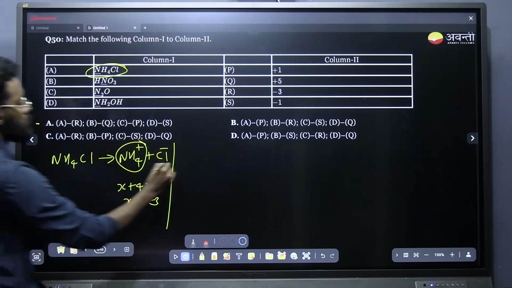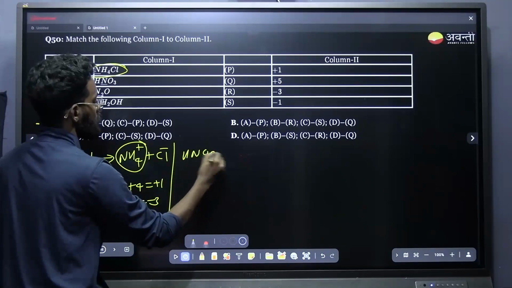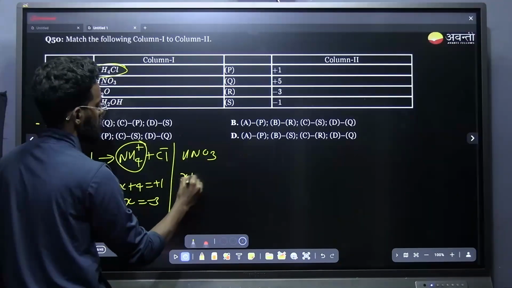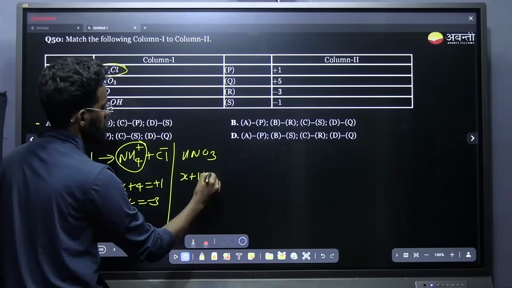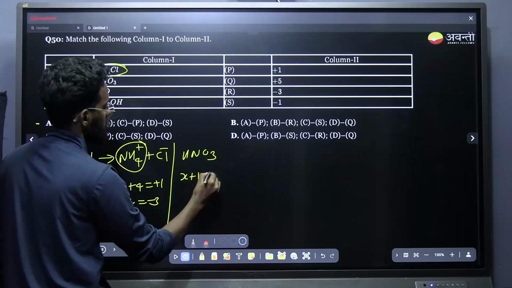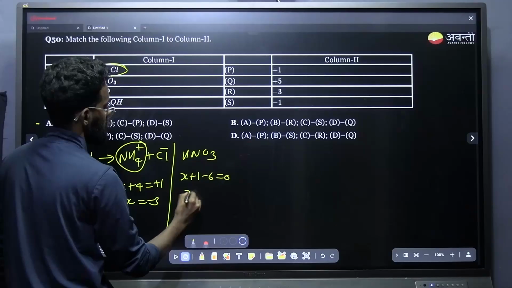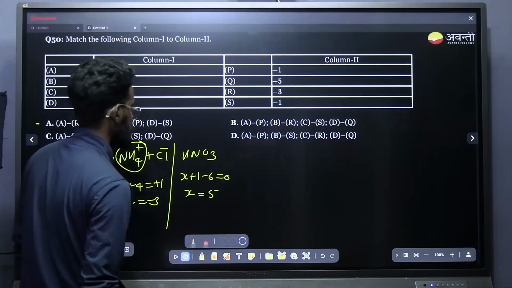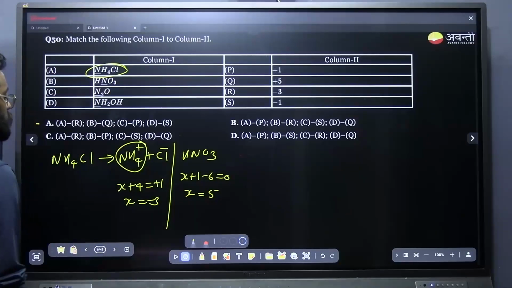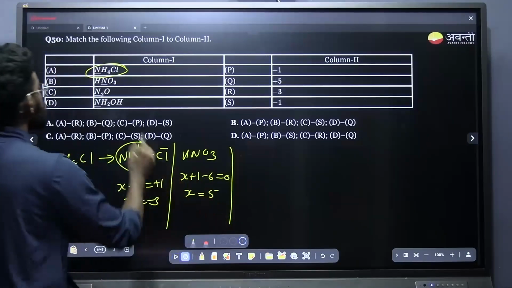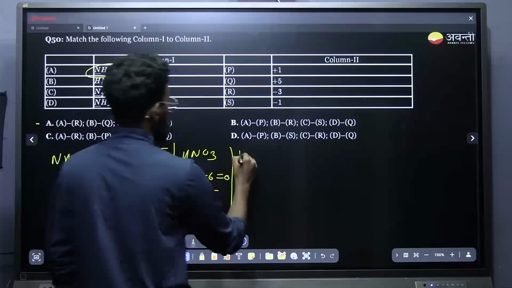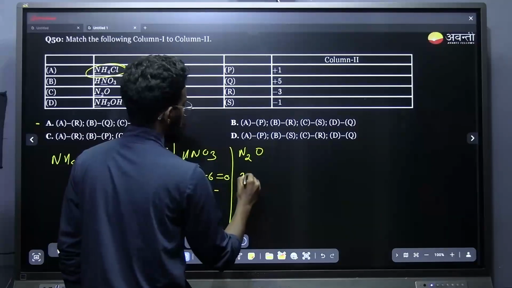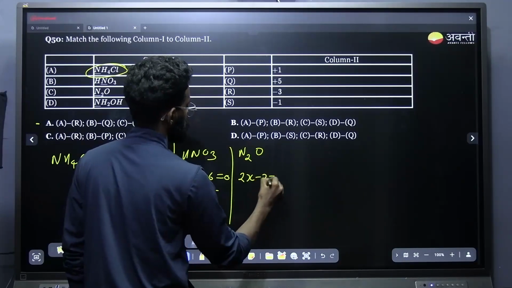Now for HNO3, nitrogen, X plus 1 for hydrogen plus 3 into minus 2, that is minus 6, is equal to 0. So X is coming as 5. Then N2O, 2X minus 2 is equal to 0.